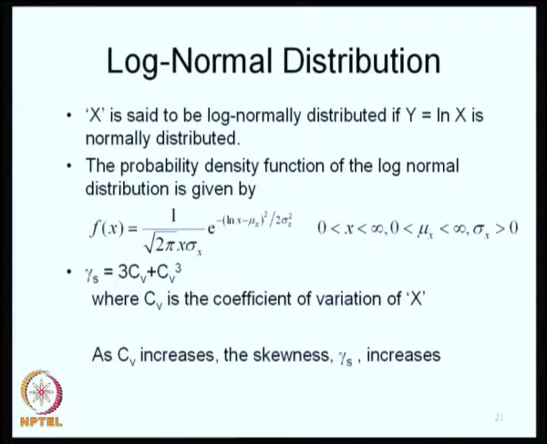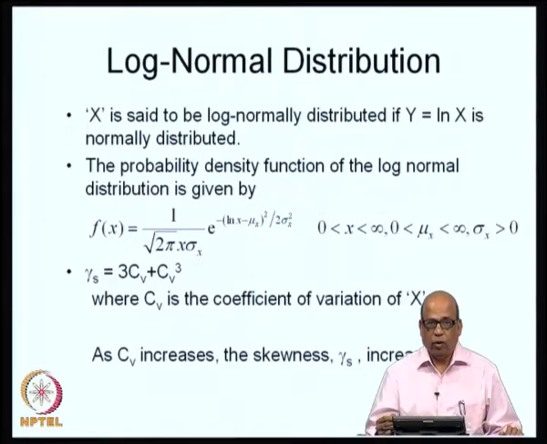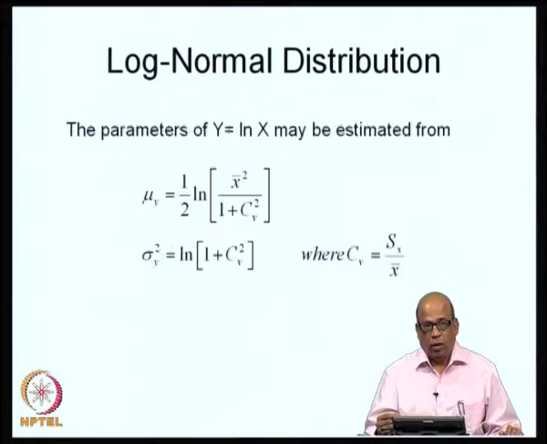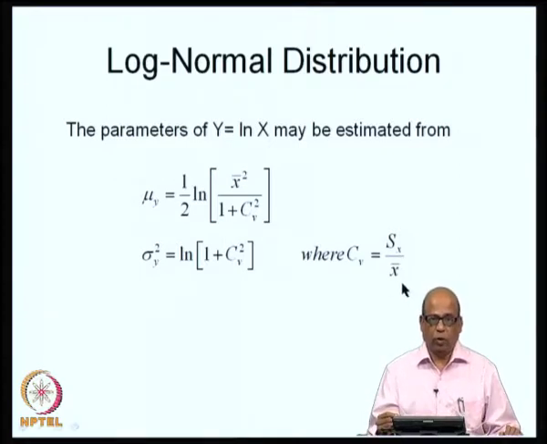While the normal distribution was a symmetrical distribution, the log normal distribution has a positive skew. As you can see here, this has a positive skew. In most situations in hydrologic applications, x bar is positive and S x, being a standard deviation, is always non-negative.